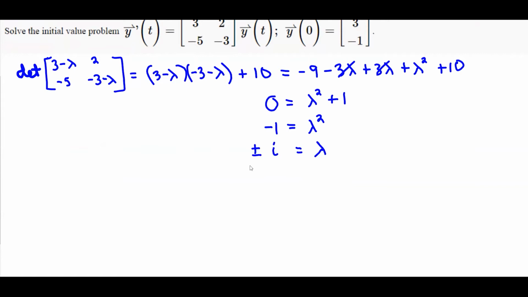So here are my two imaginary or complex eigenvalues. When you get complex eigenvalues, they always come in conjugate pairs, just like when you're solving a polynomial equation and you get complex solutions, they always come in plus or minus conjugate pairs.